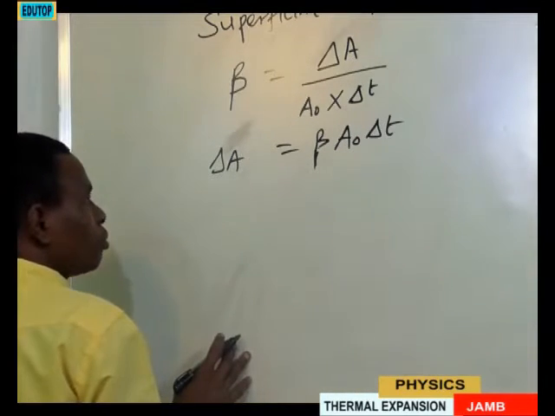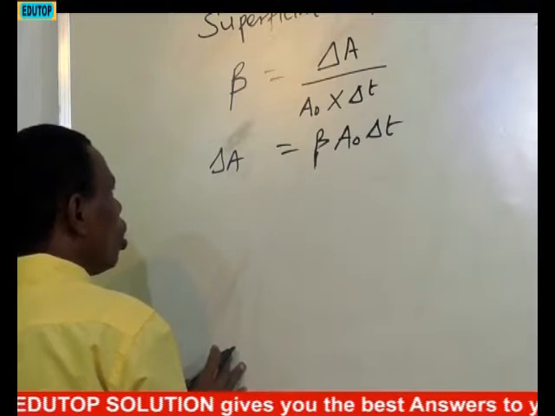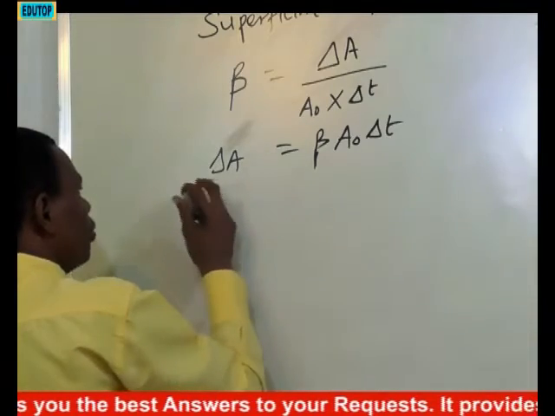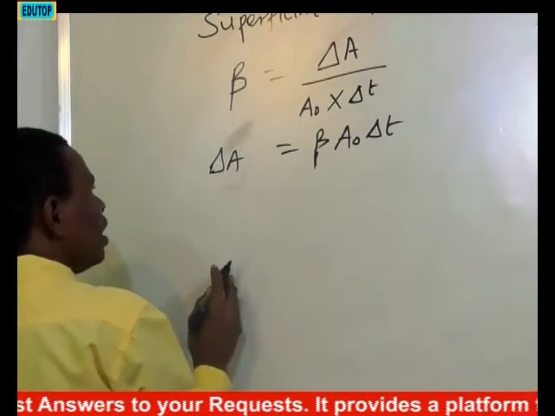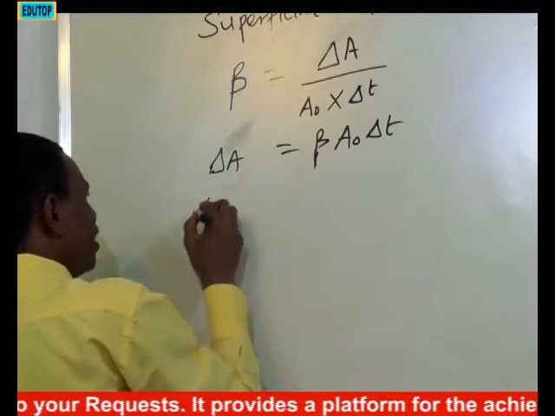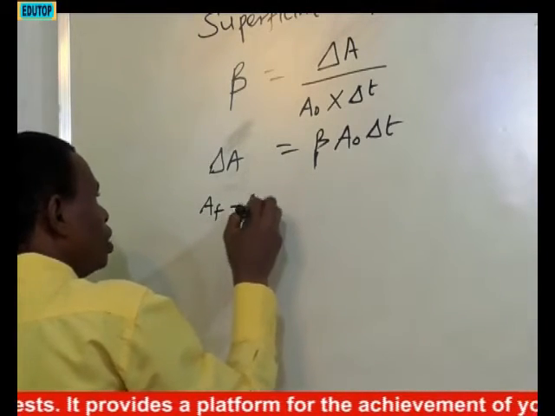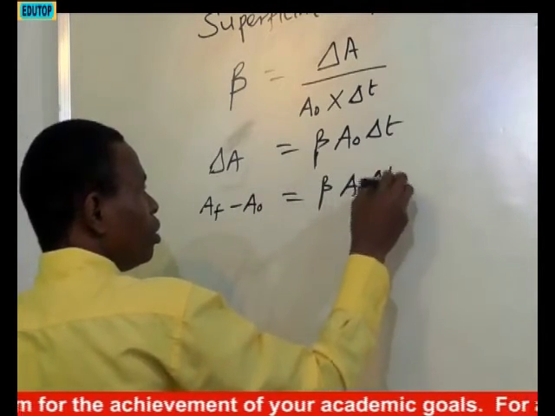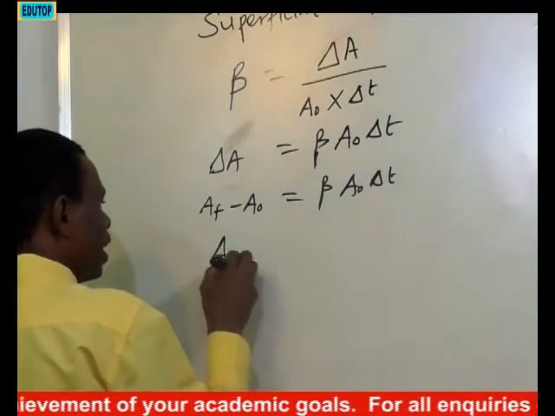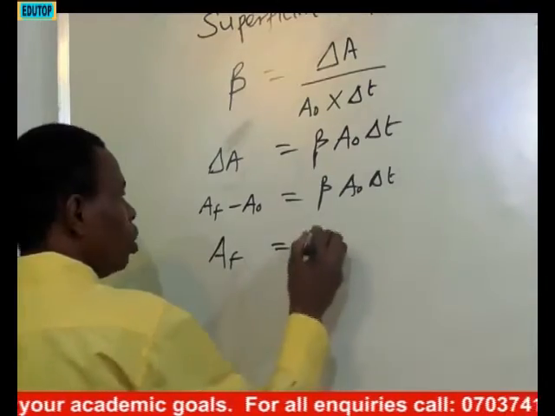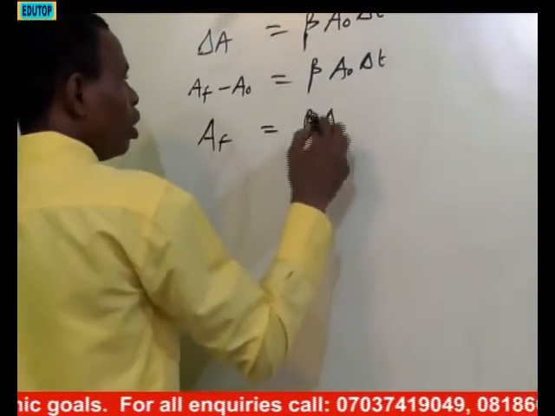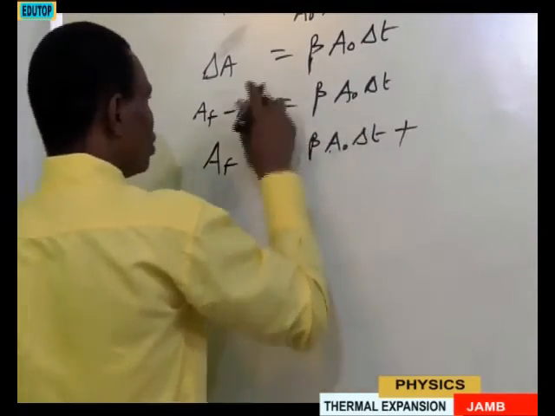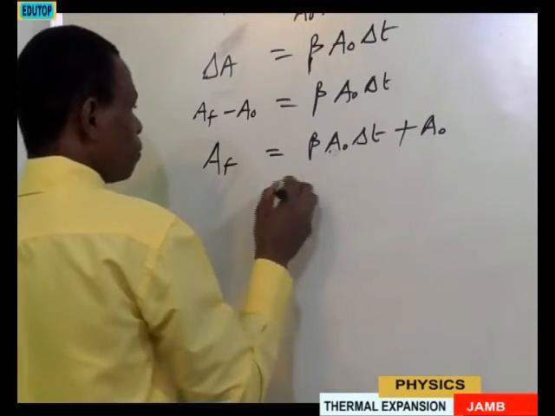We can also know our final area. The change in area can also be written as final area minus original area, which will be equal to beta, original area, change in temperature. So the final area will be equal to the whole of this, original area times change in temperature, plus A naught, which is original area.